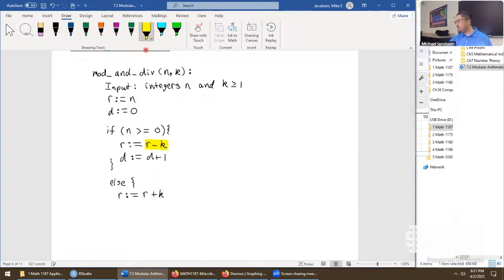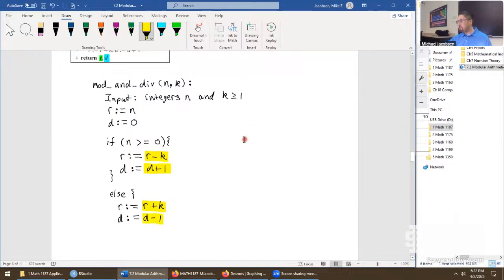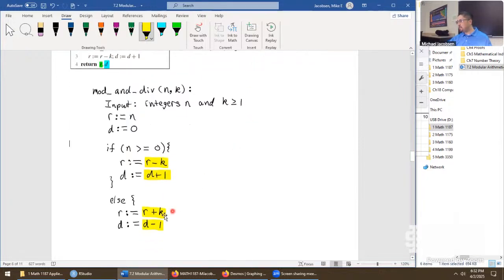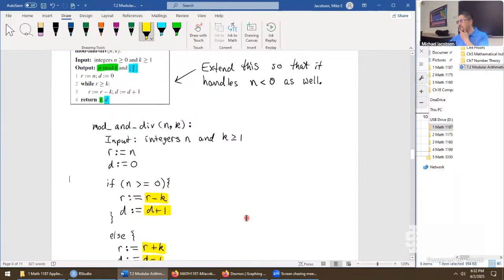So one small change here to here. Second change is we do a minus on this one. So d is set equal to d minus 1. So change this to that. Let's see here. Hang on, let me think about this.